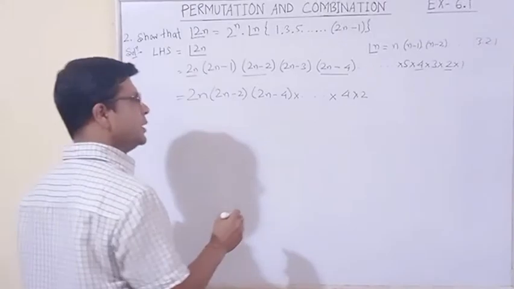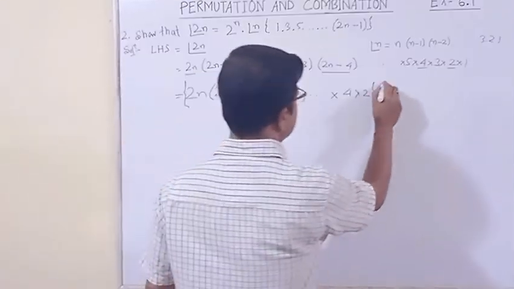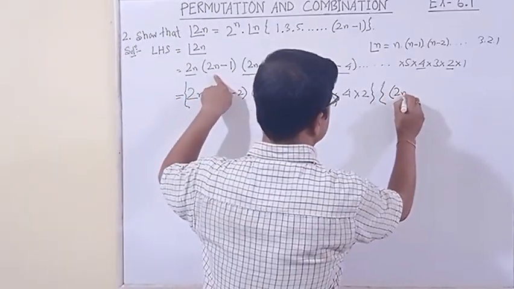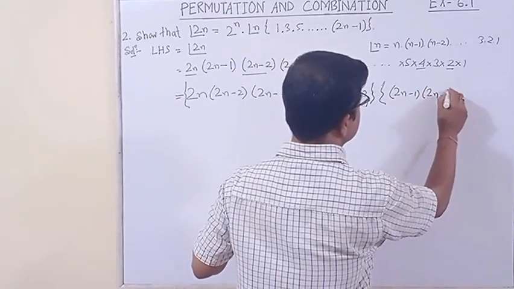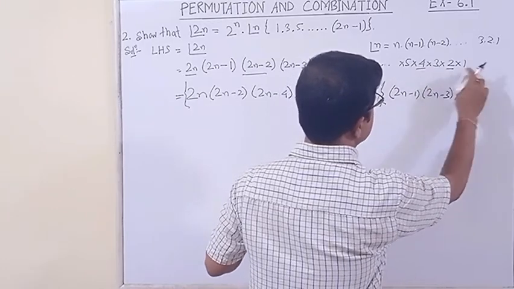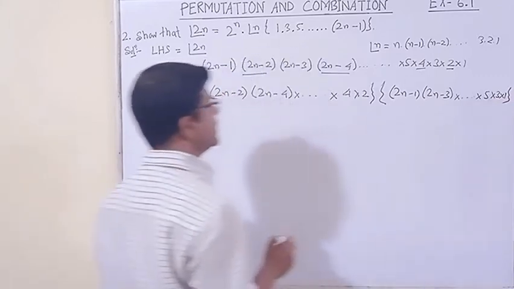This is one group. In another group, the odd number group, that is twice n minus 1, next is twice n minus 3, dot dot dot into 5 into 3 into 1. In this way you express it.